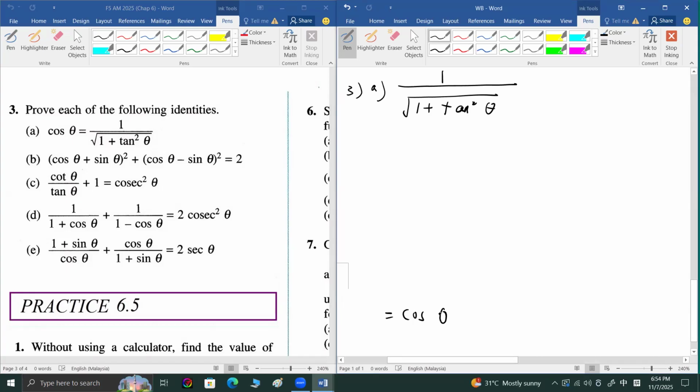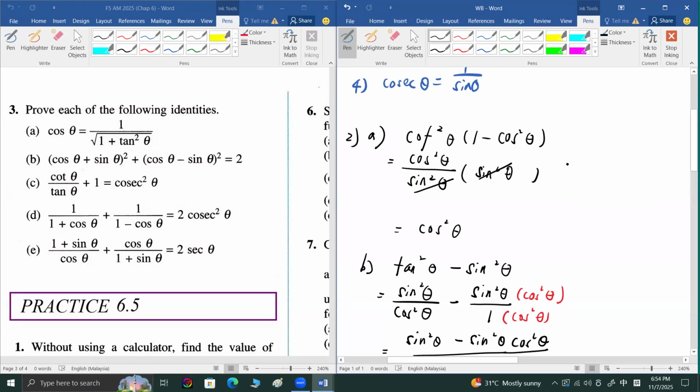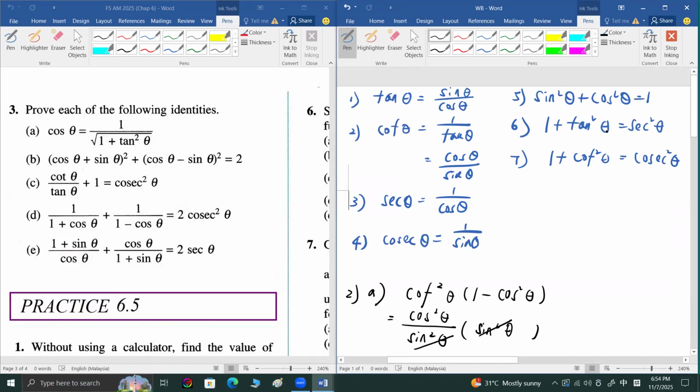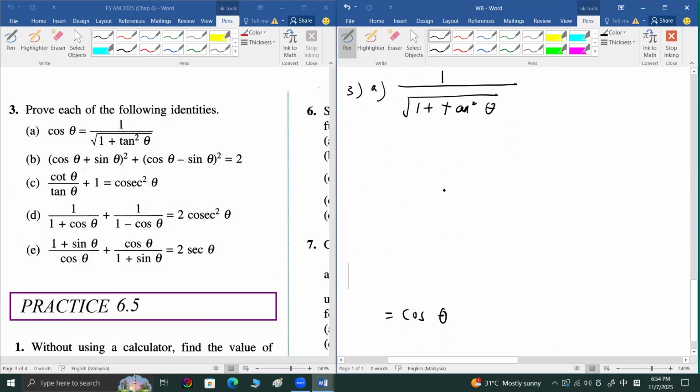So I need to do from top to bottom. We can see here 1 plus tangent squared. Then I think I got a formula, right? This formula, 1 plus tangent squared, I can change to secant squared, okay? Secant, yeah? So here 1 divided by square root of secant squared theta.